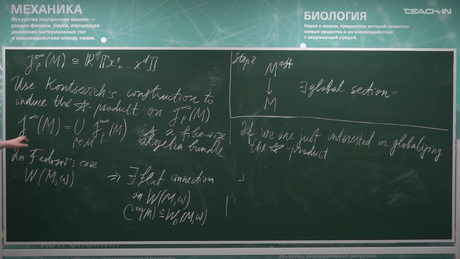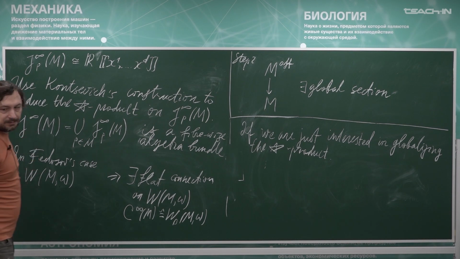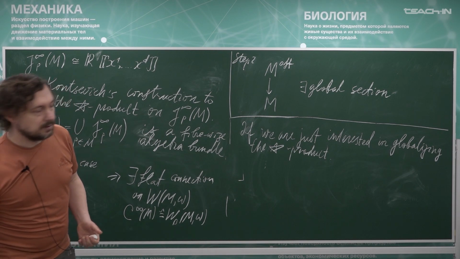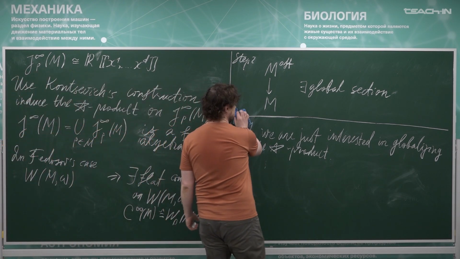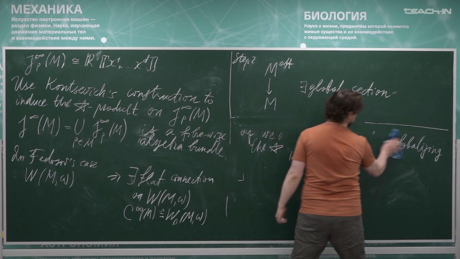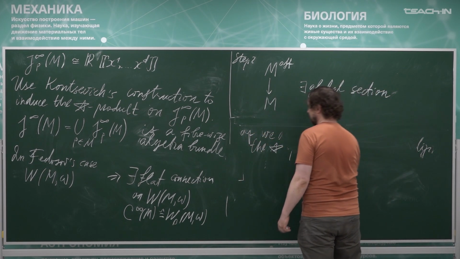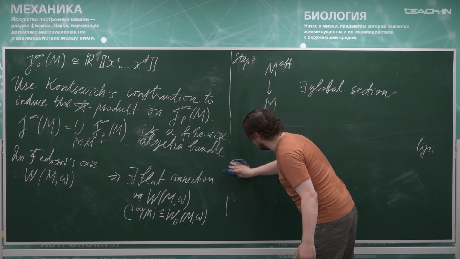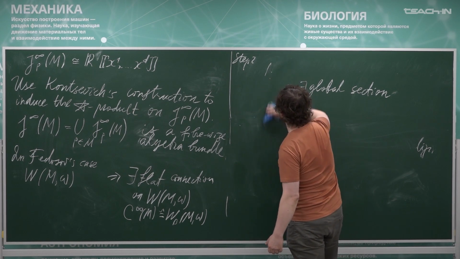Actually, one can define an analog of Fedosov's connection on this bundle with respect to the product induced from Kontsevich's theorem, and the construction is pretty much the same as in Fedosov's case, in the symplectic case.